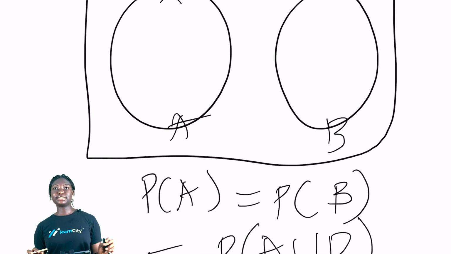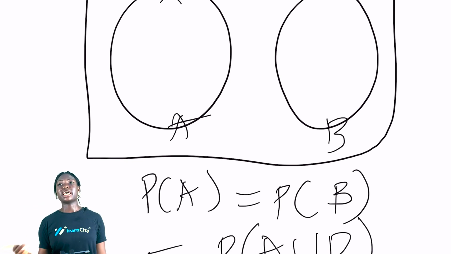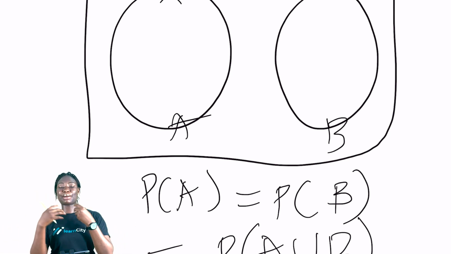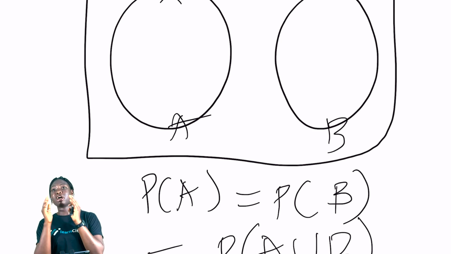They are mutually exclusive since the probability of A and B is now the probability of A union B. So this shows that two events are mutually exclusive if they cannot both occur simultaneously. They are two different things. They cannot occur at the same time.